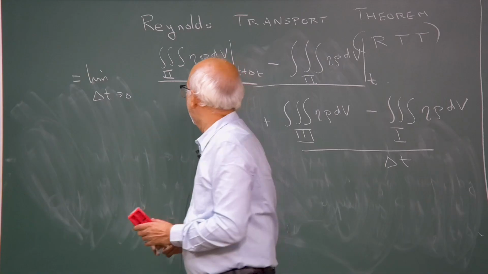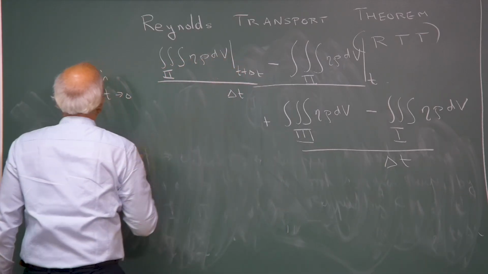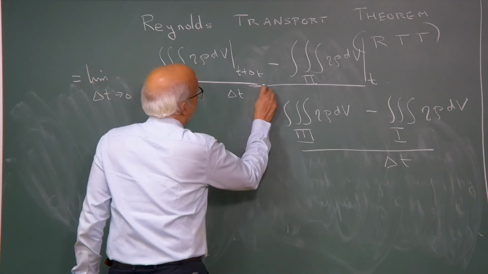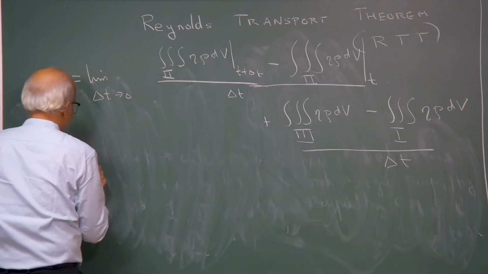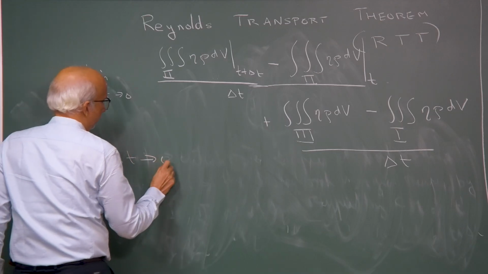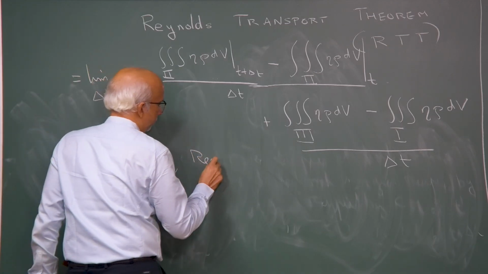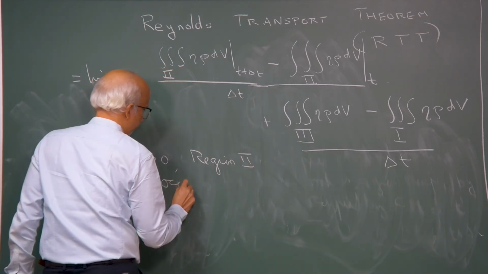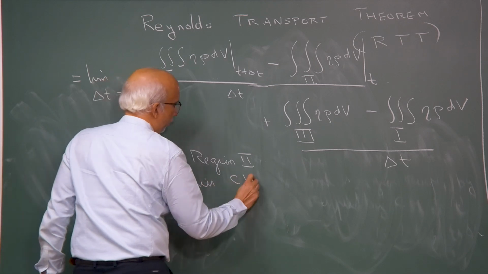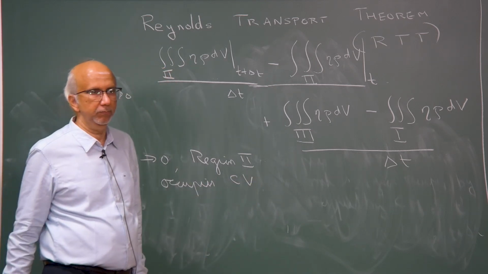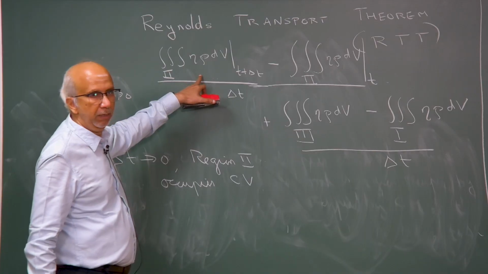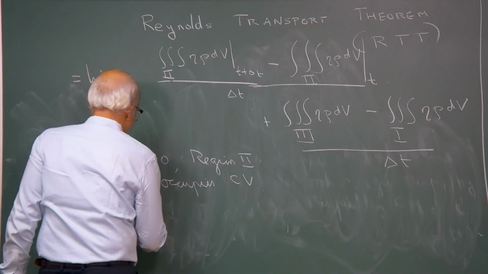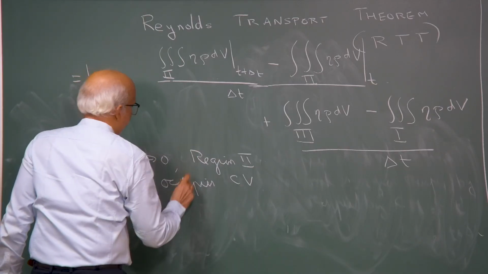So, as delta t tends to 0, region 2 occupies my control volume.